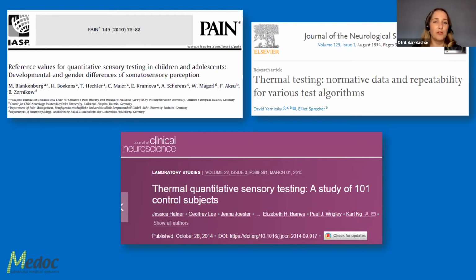Then there is Hafner, who have warm detection and cold detection in the limits test for males and females between the ages of 20 to 70. And of course, then there is Blankenburg, a very nice study on pediatric thermal thresholds, where he has warm detection and cold detection thresholds for the limits test in boys and girls in the ages of 6 to 16.